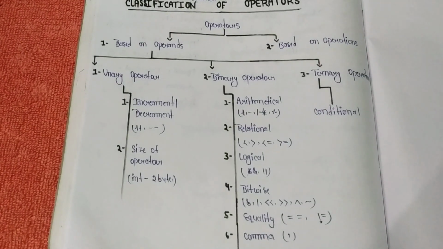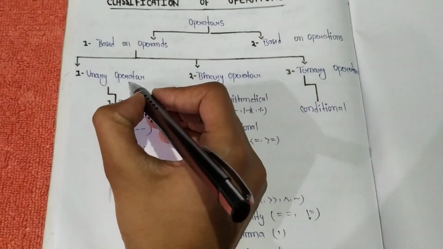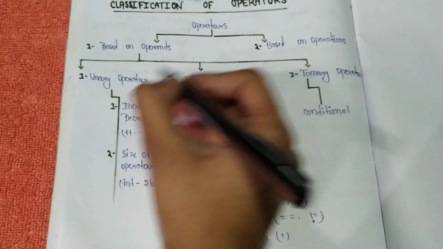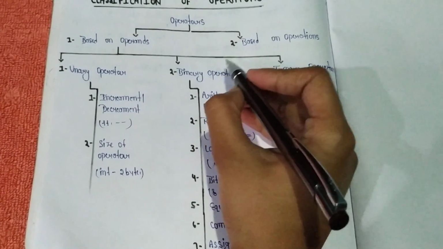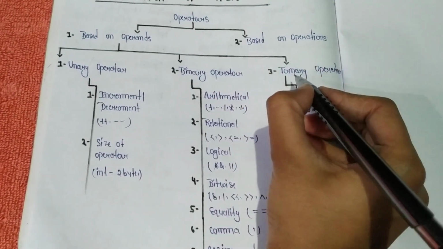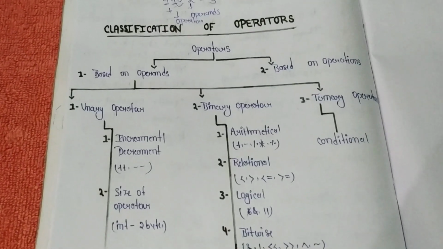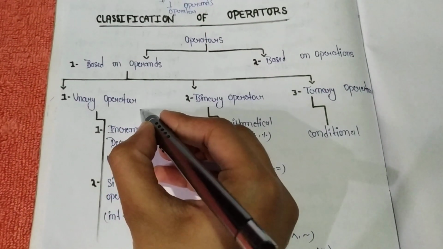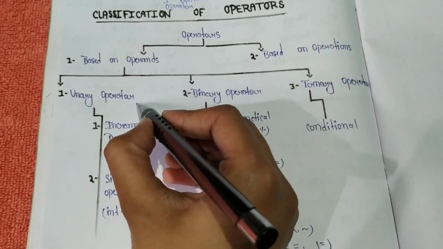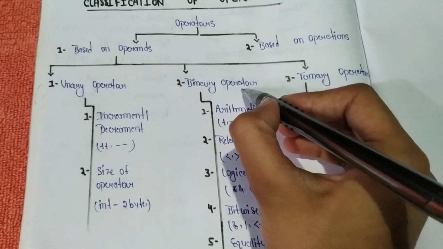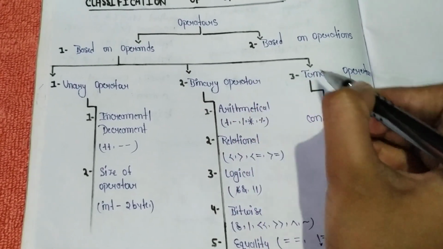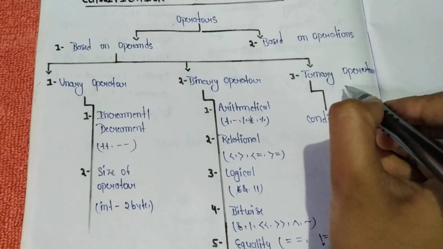Unary means there is only one operand, binary means two operands, and ternary means three operands.